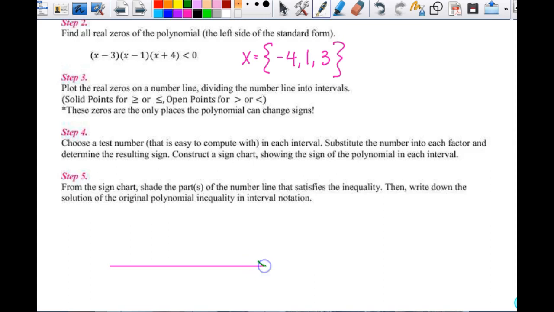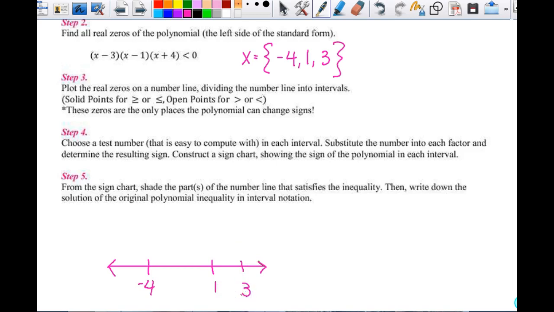And I'm going to plot my zeros on there. So when I do this, I don't have to put every single little hash mark on there. I just need to start off somewhere and say, okay, well, if this is -4, then it could be like -3, -2, -1, 0, and then a 1, and then 2, and then maybe 3 could be right about there.